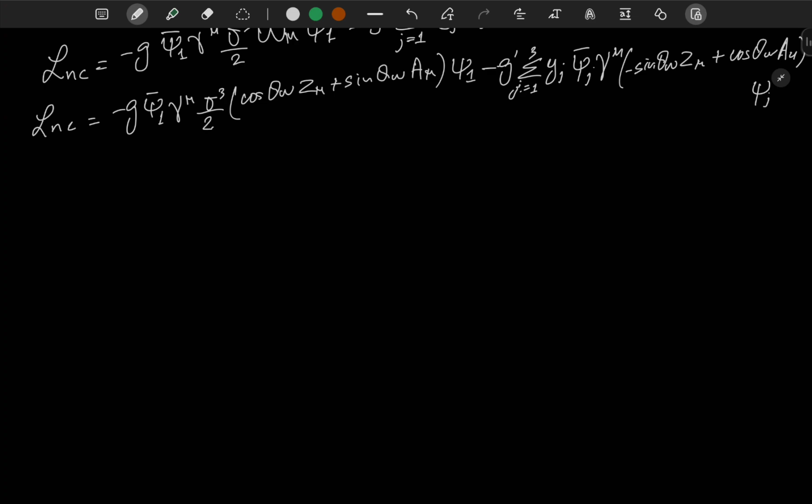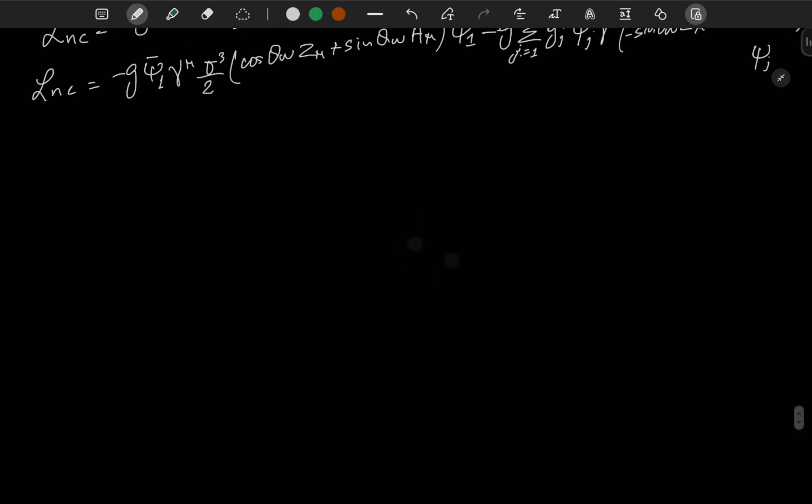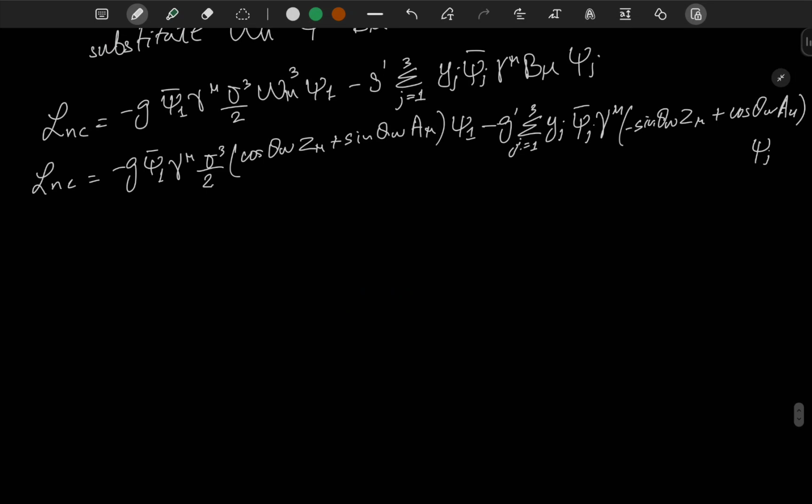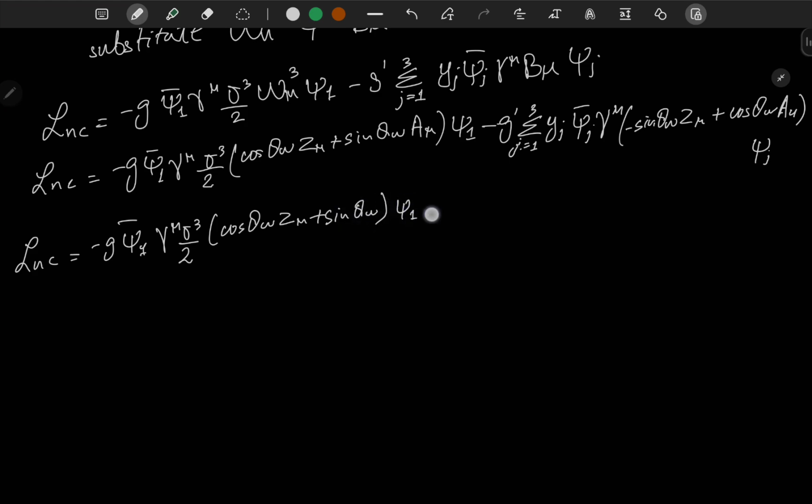So after simplifying things, we get minus g psi 1 bar sigma mu gamma mu sigma 3 over 2 cosine of theta w z mu plus sine of theta w a mu psi 1 minus g prime y1 psi 1 bar gamma mu minus sine of theta w z mu plus cosine of theta w a mu psi 1.